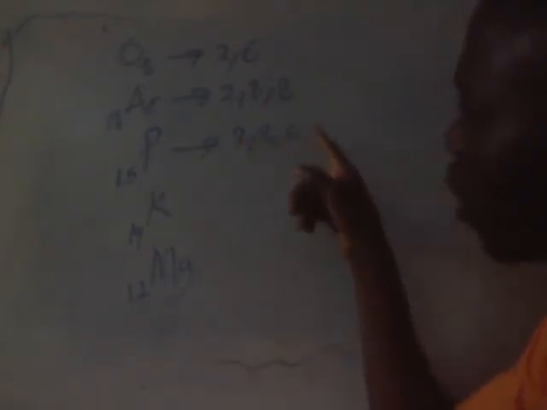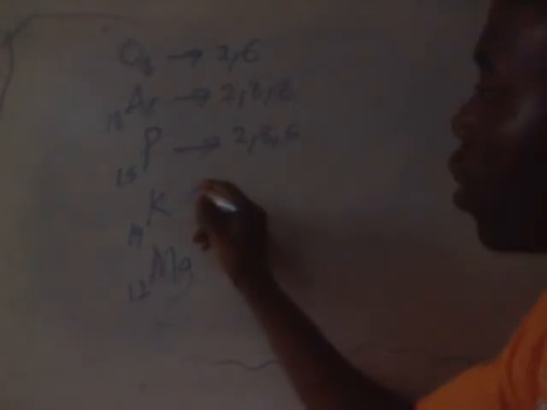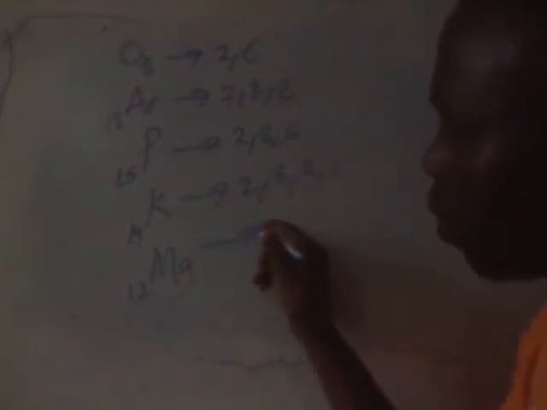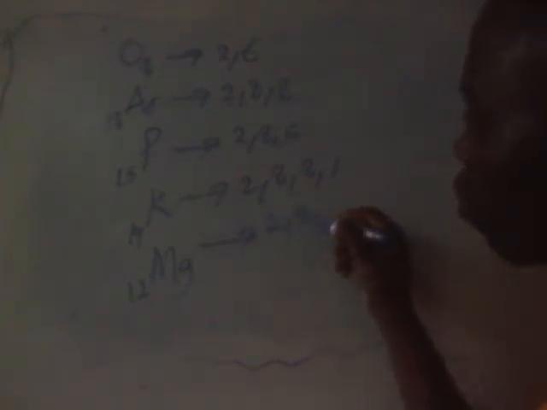Potassium is 2, 8, 8, 1. Magnesium, 12, is 2, 8, 2.